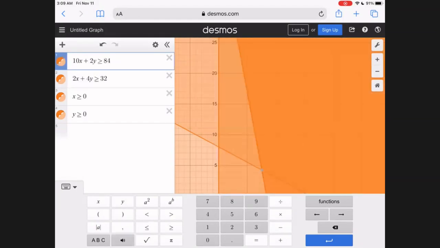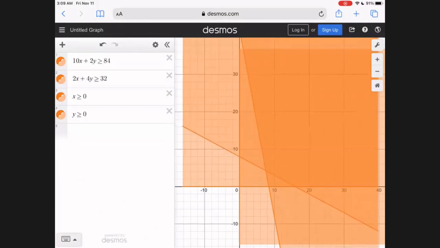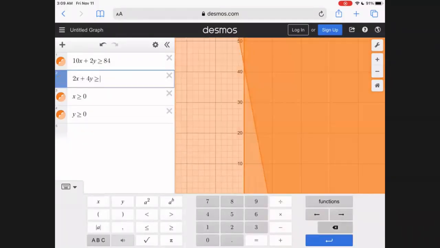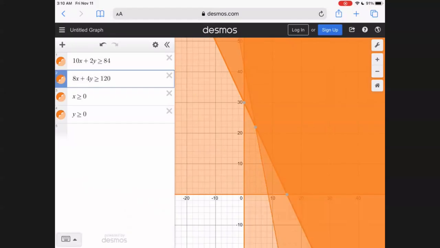So I'm going to zoom out just a bit so I can see everything a little bit clearer. And then the next one was 8x plus 4y is greater than or equal to 120. So I can see that the darker region is on the top right. So this is unbounded.